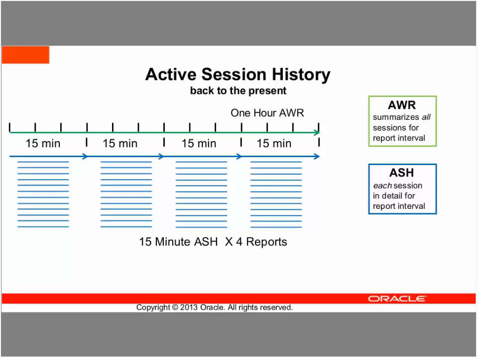So now, okay, now what do we have? Active session history. I mentioned before this is a much more rapid sample report, and what we have here for the same 1 hour period are four 15-minute reports, and these blue lines represent the sum of all of the foreground sessions that were active during that period. So you're really getting the session events going on, and we compile them together and get overall information, but we retain the details of each session.